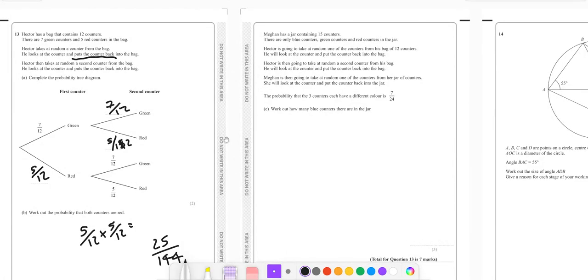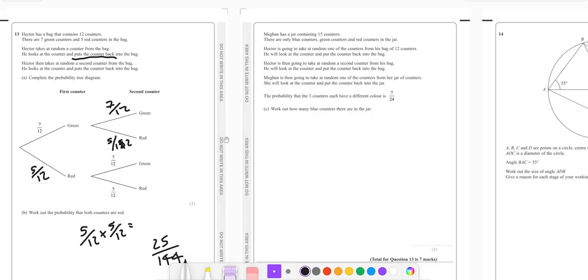Megan has a jar containing 15 counters. There are only blue counters, green counters and red counters in the jar. Hector is going to take at random one of the counters from his bag of 12 counters, look at the counter and put the counter back in the bag. Hector is then going to take a second counter in his bag, look at the counter and put the counter back in his bag. Megan is going to take at random one of the counters from her jar of counters.